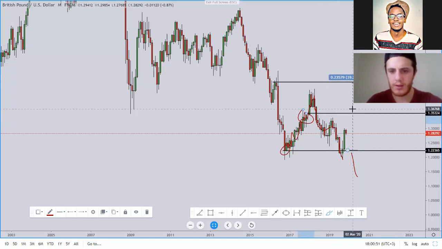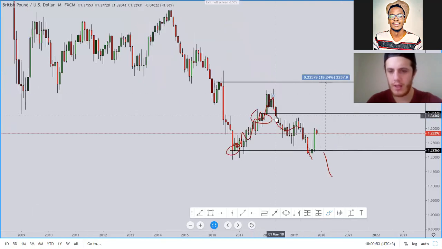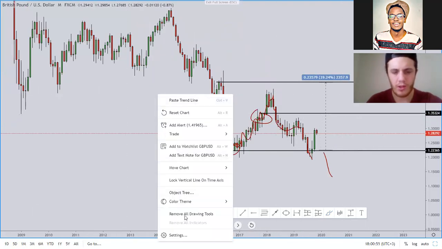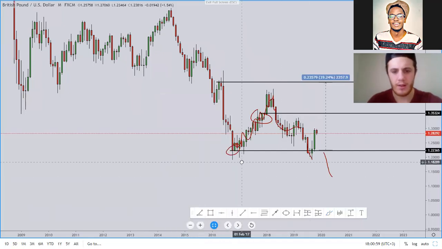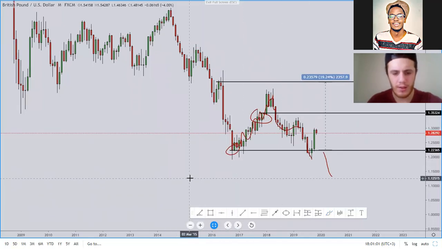Got it. And how do we know how far it's going to go? That is going to depend on the price action on the lower time frames, like the weekly and the daily. But usually we don't go three time frames lower.